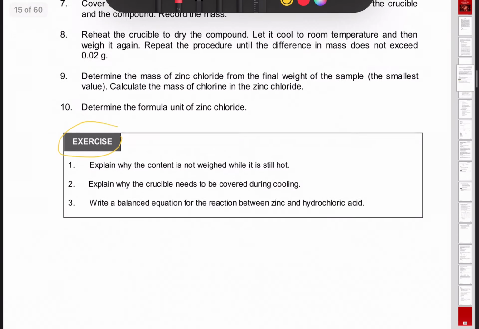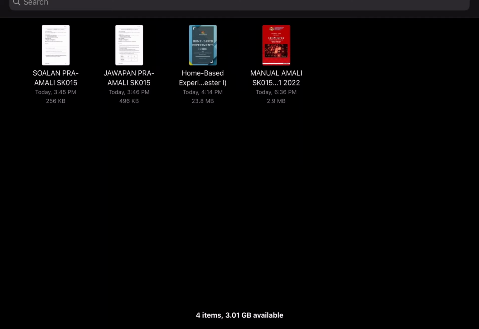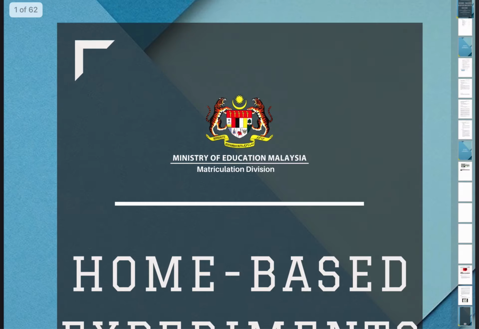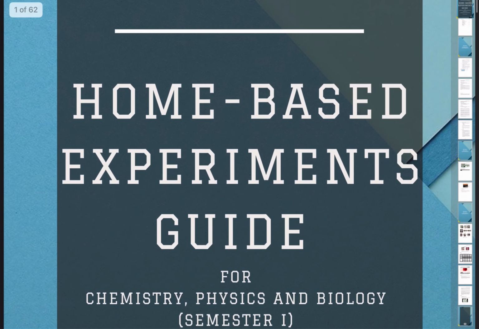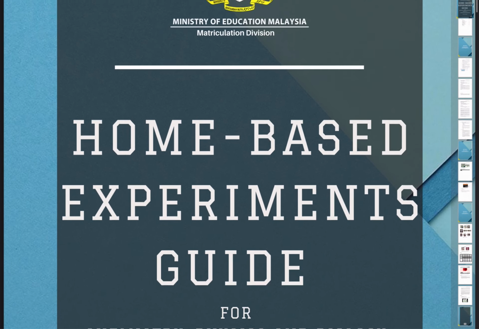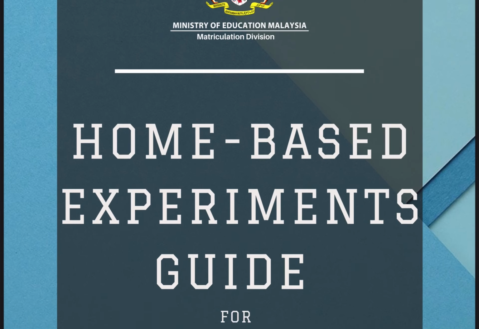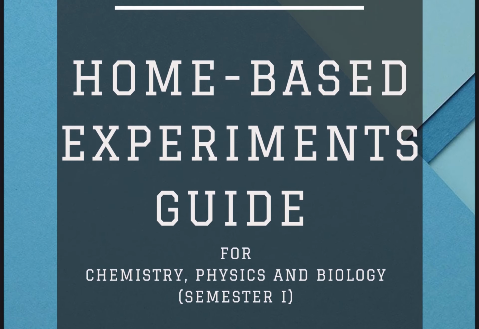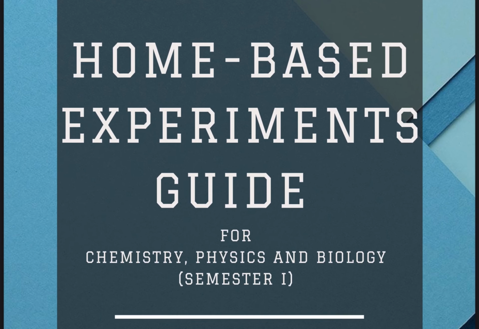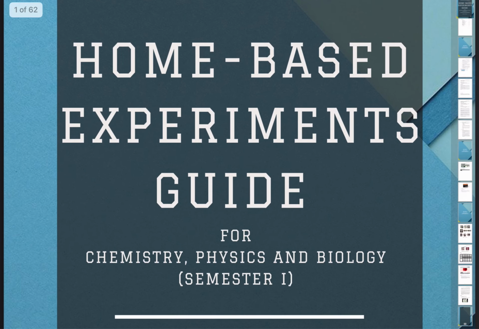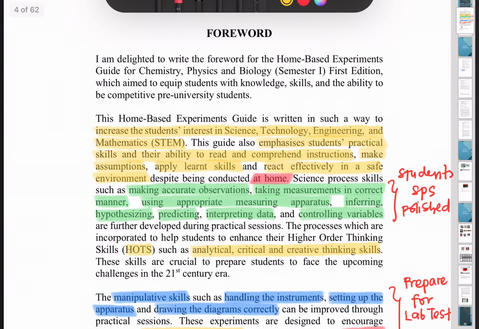So this is the lab manual yang warna merah. When we do experiment 5 and 6, tak silap saya, you will refer to this lab manual, this home-based experiments guide. Dalam this file, it is actually for all 3 subjects, science, which is chemistry, physics and biology. So we will look at chemistry punya.